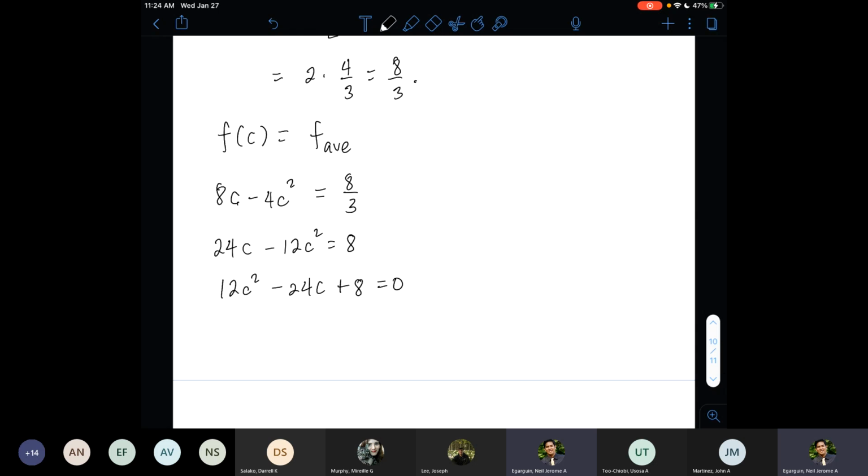And then these are large numbers, but I can divide all of them by 4 so that I'll be left with what? 3c squared minus 6c plus 2 equals 0. And I guess this is something that is not factorable, so you need to use the quadratic formula. I guess that's what you missed, using the quadratic formula.